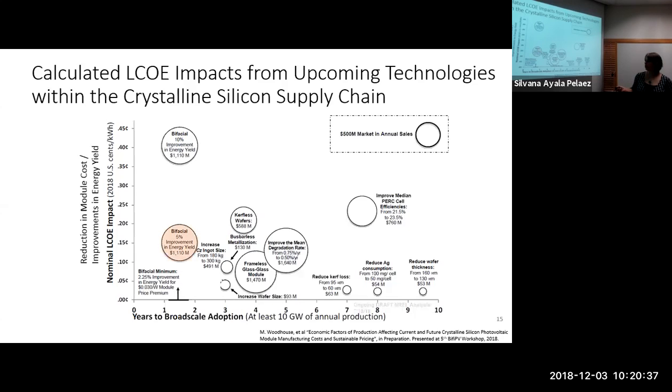And bifacial is very easy, or it's very close to being adopted. The years to adoption is 2 years, 1 year. We're already seeing fields of this. And if the improvement is 5 or 10%, this is how much the LCOE will be reduced. It's a significant number. So this position here is very good. This makes it like a no-brainer. Yes, we should aim for this.